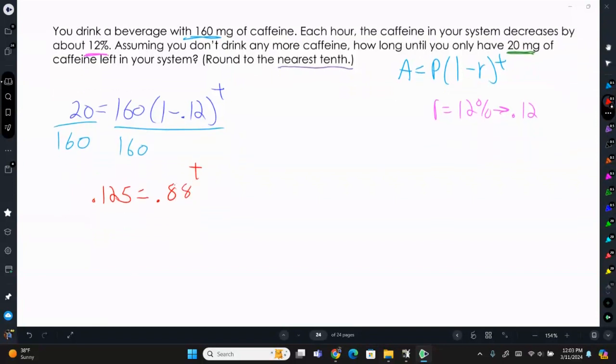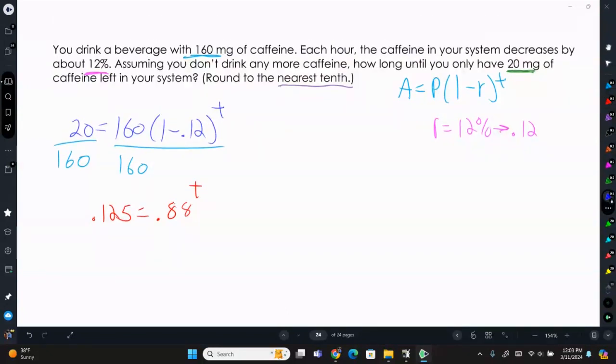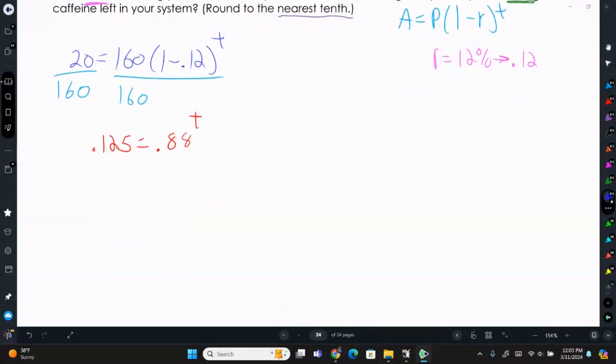So now that we have the base by itself, we can rewrite this in log form. So log base 0.88 of 0.125 equals t. So in my calculator, log base 0.88 of 0.125, and we get 16.26, which we'd round up to 16.3.